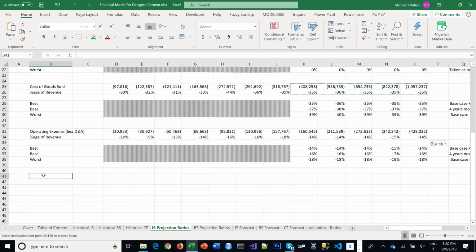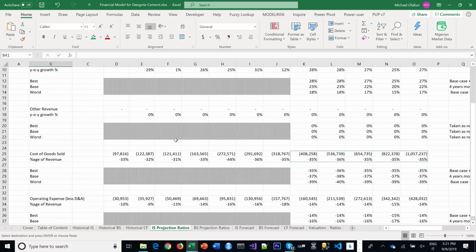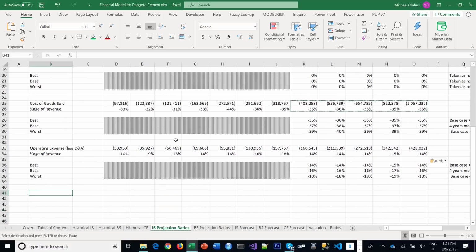I don't have any data regarding Dangote's operation beyond the fact that I know that they have been aggressively expanding for the last couple of years, and right now Dangote is in all of the countries, his plan is he wants to be in Africa, and so now they are ramping up production.